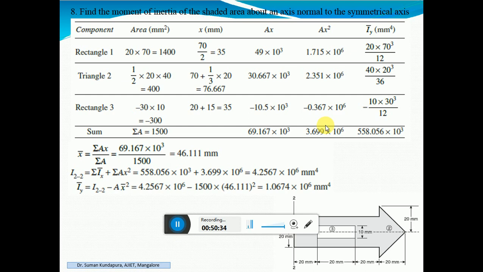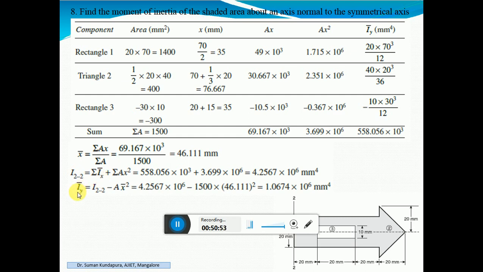This one 3.66699 into 10 raised to 6, 558.056 into 10 raised to 3, plus 3.699 into 10 raised to 6. So you will get it as so much, that is I22.